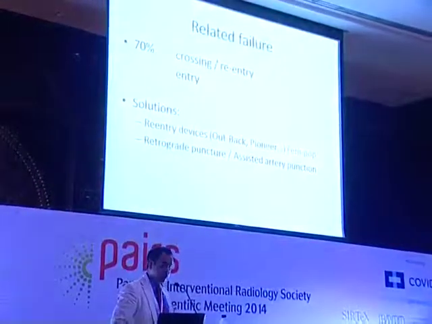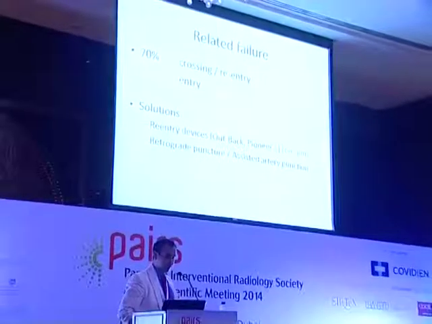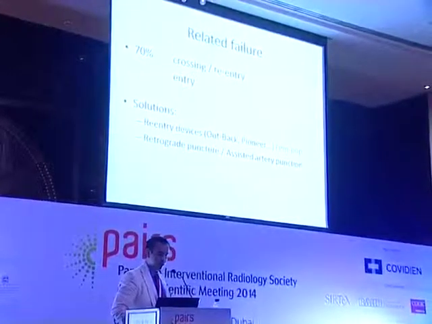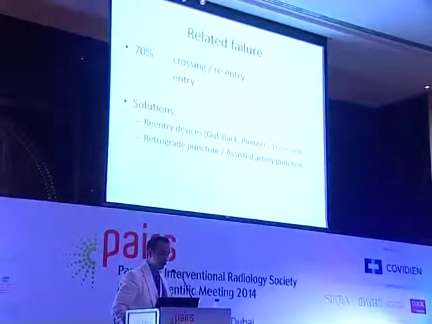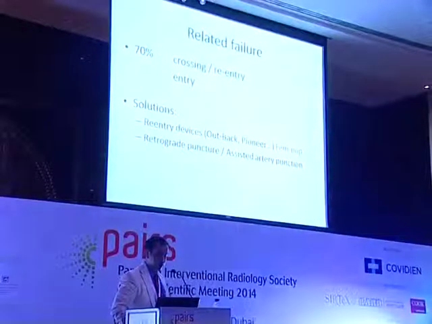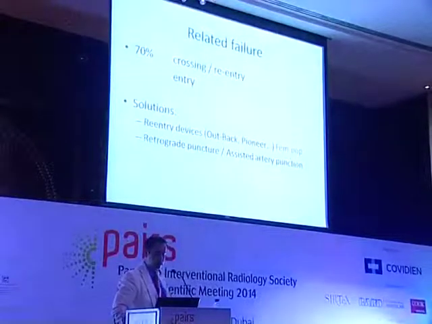In fact, 70% of the failed angioplasty was because of crossing, re-entry or entry of the lesions. What are the solutions we could have? Re-entry devices like Outback or Pioneer, but limited to the FEMPOP area, or retrograde puncture, assisted artery puncture.